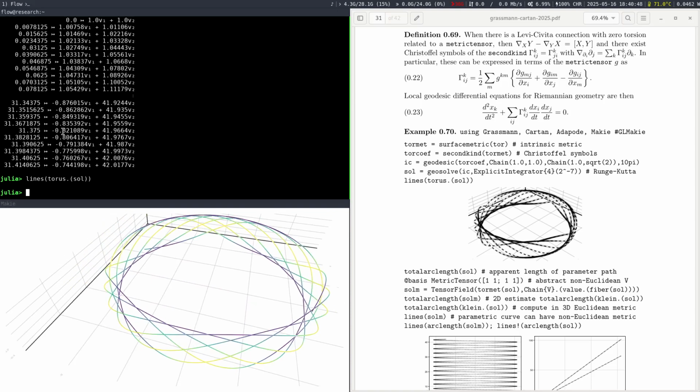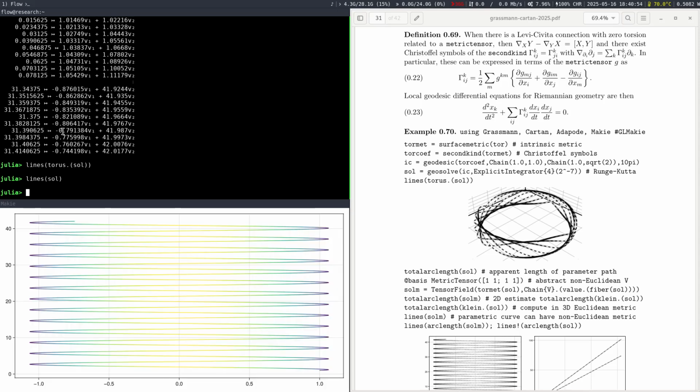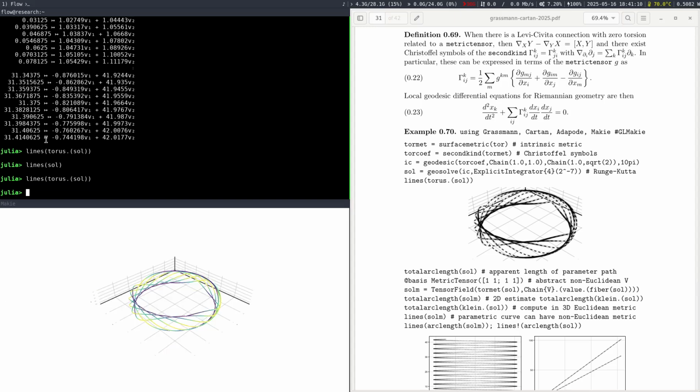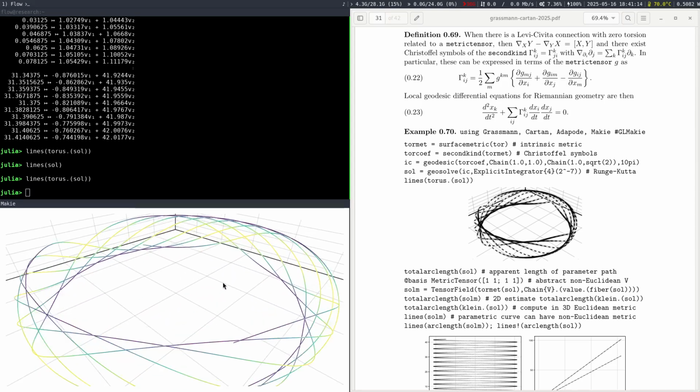So now what's interesting is that the actual solution to the differential equation, the geodesic, was in the two-dimensional parameter space, and it's only when we apply the torus back on it that we get the three-dimensional result back.